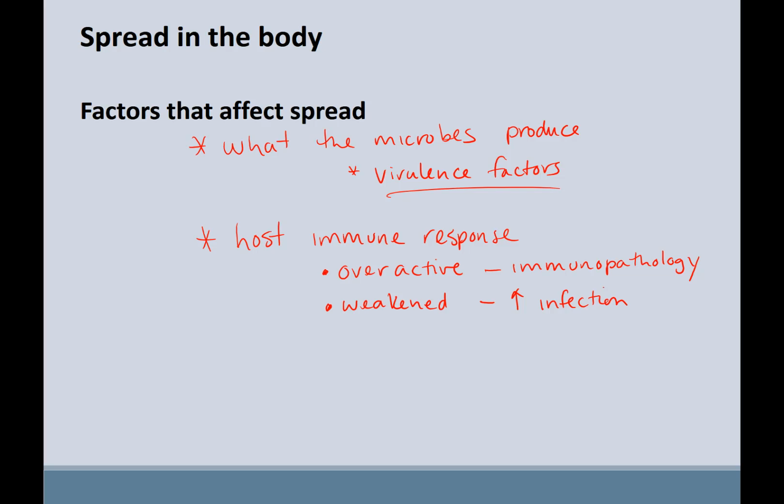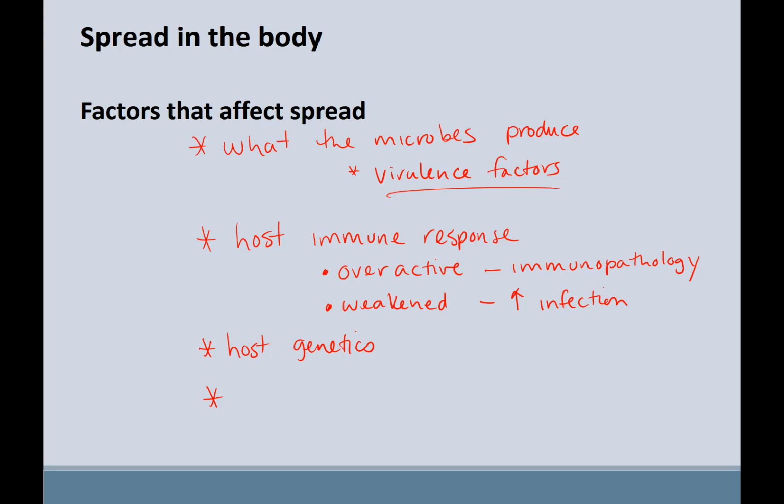Okay. Your genetics. Do you produce the receptors for the virus? So do you produce something that naturally protects you against certain pathogens? There's really cool research into the evolution of human genetics and diseases, and how some groups are more resistant to certain diseases than others, and it's all based on their genetics.